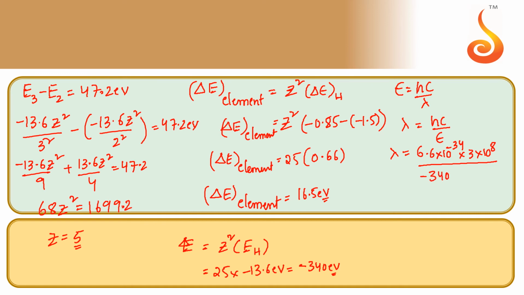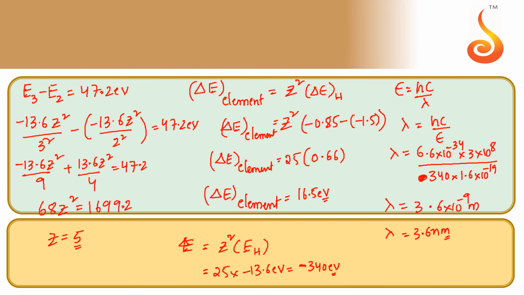Of course, the minus sign indicates it is an attractive energy, that means potential, and the total energy is the binding energy. So 340 into 1.6 into 10 power minus 19 in SI units. So what we get here, lambda is equal to 3.6 into 10 power minus 9 meters, or 3.6 nanometer. So we got the wavelength as well.